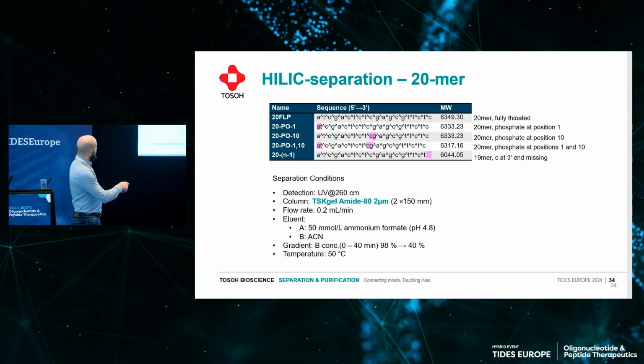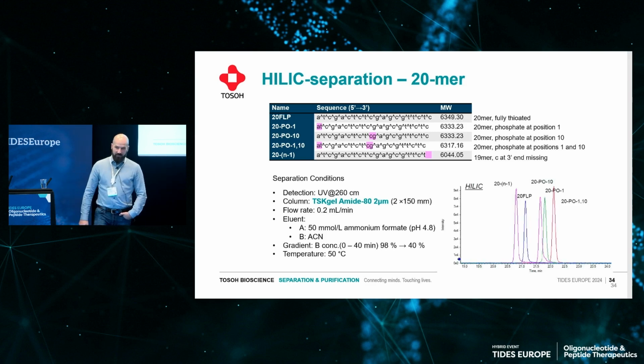So here we have a 20-mer full-length product, and then a 20-mer of the same sequence, but with a phosphate group, or fully thioated, and then just the phosphate at position 1, phosphate at position 10, phosphate at position 1 and 10, and then a 19-mer with the 3' nucleotide missing.